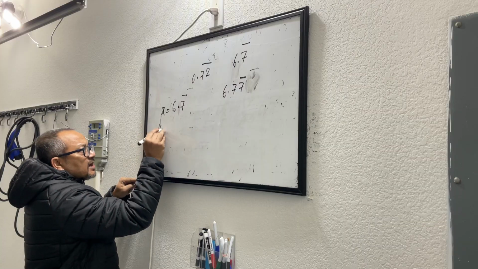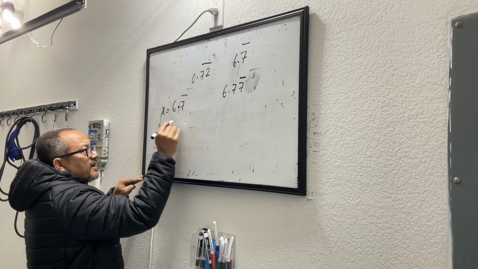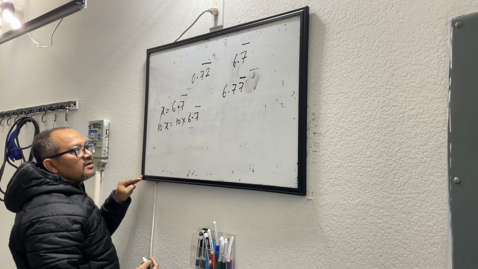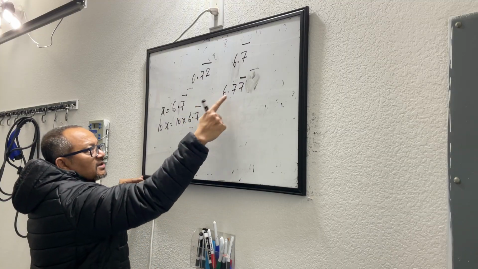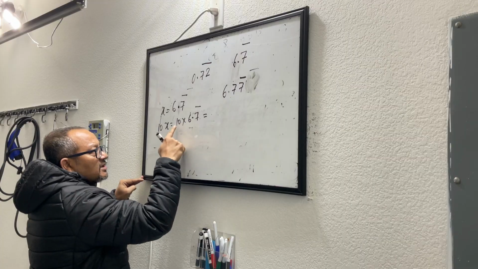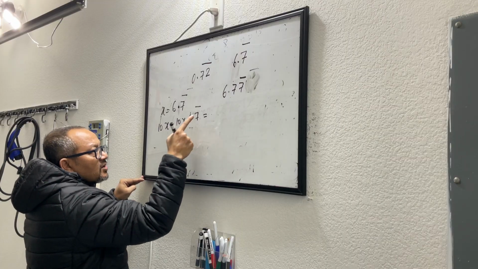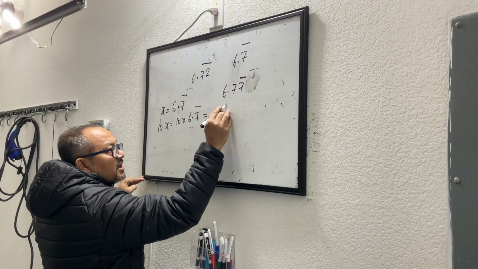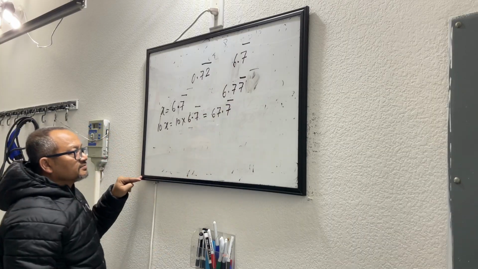So let's multiply it by 10. So 10x will be 10 of 6.7 repeating. And when I am multiplying this whole thing by 10, I am just moving this decimal by one place. So it became 67.7 repeating.